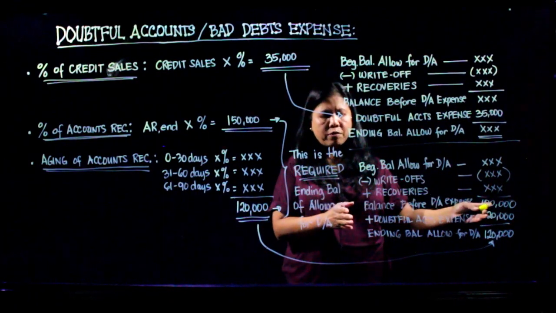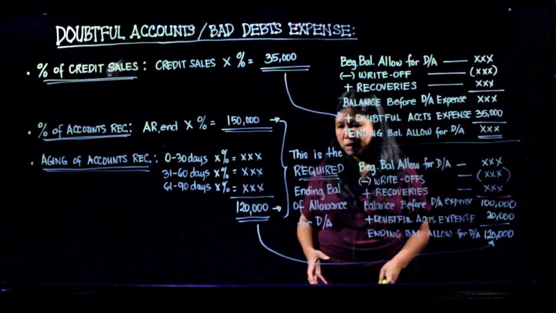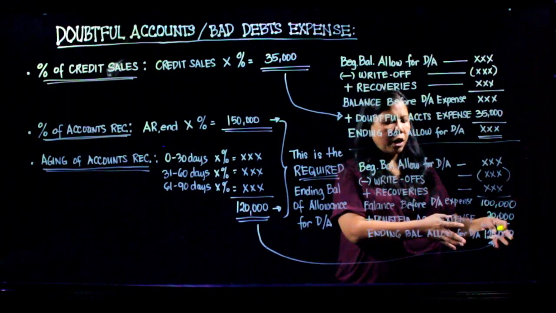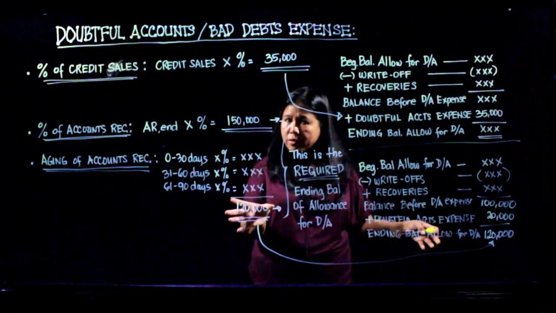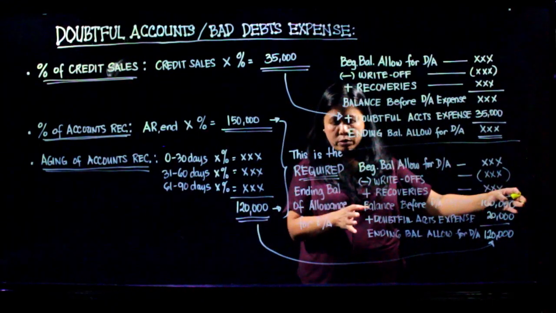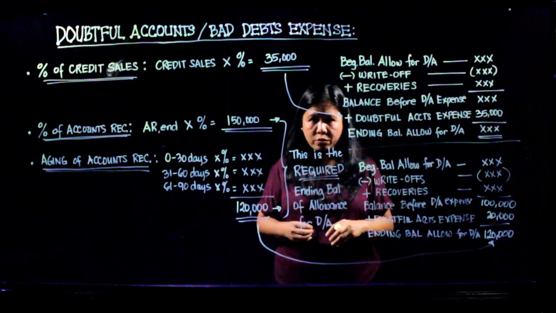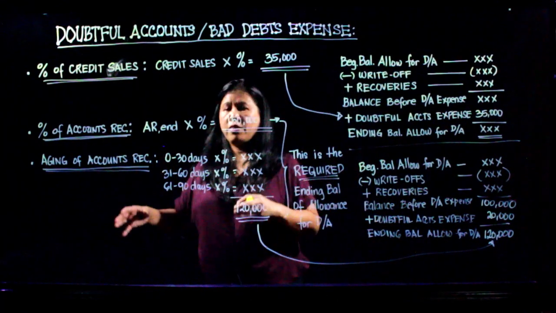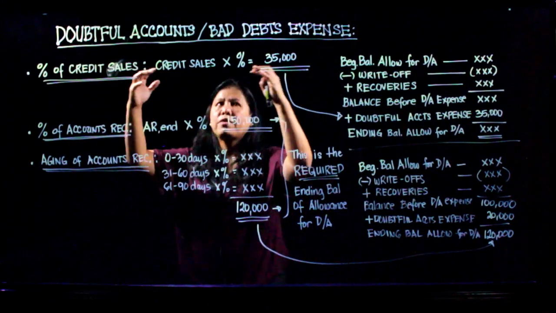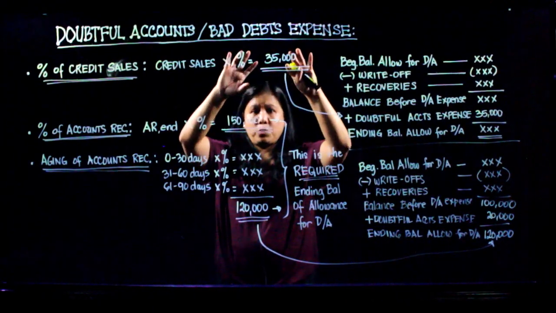Then you add your doubtful accounts expense, and you have your ending balance of allowance for doubtful accounts. So if the ending balance is 120,000 and your balance before doubtful accounts expense is 100,000, you have a plug-in of 20,000, that is your doubtful accounts expense using these two methods. But using the percentage of credit sales method, we get the doubtful accounts or bad debts expense right away.